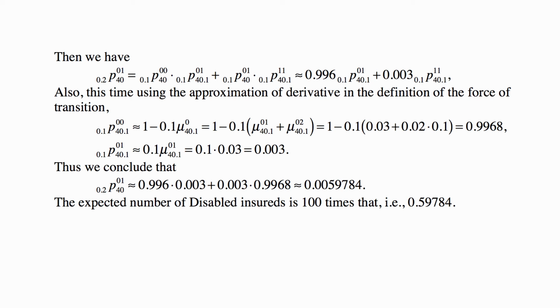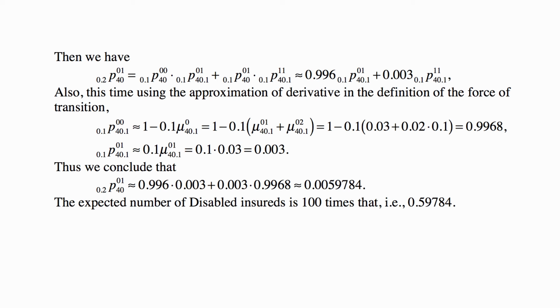Okay, and then if you write those two approximate equations and plug in the forces at the age 40.1, you get approximations of those two probabilities, which are missing in the formula just above, but we just got them this way.